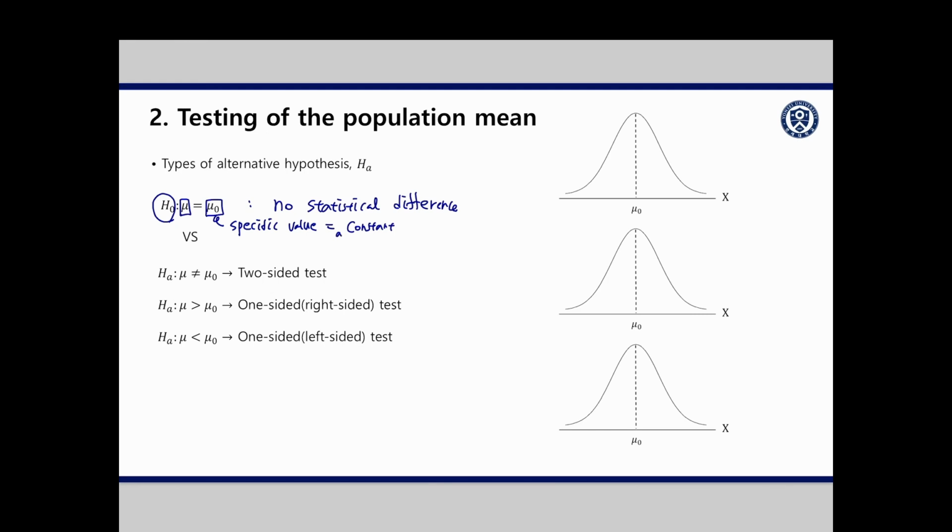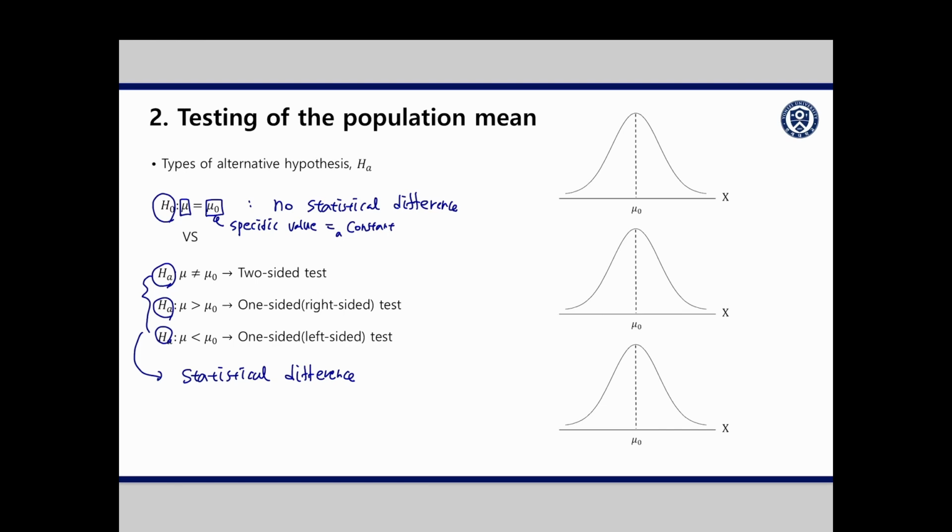On the other hand, the alternative hypothesis states that there is a statistical difference. The alternative hypothesis can be classified into three categories.